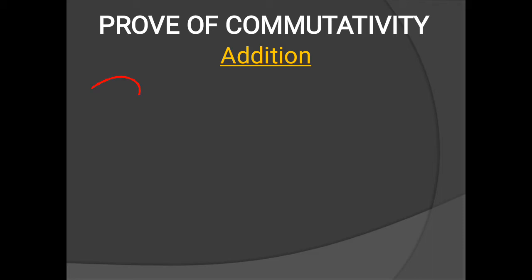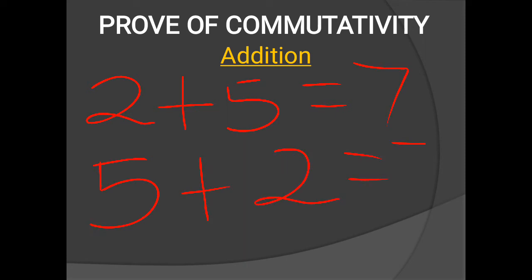For example, 2 plus 5 is 7. If I bring 5 first, 5 plus 2 should also give me 7. And that is true.